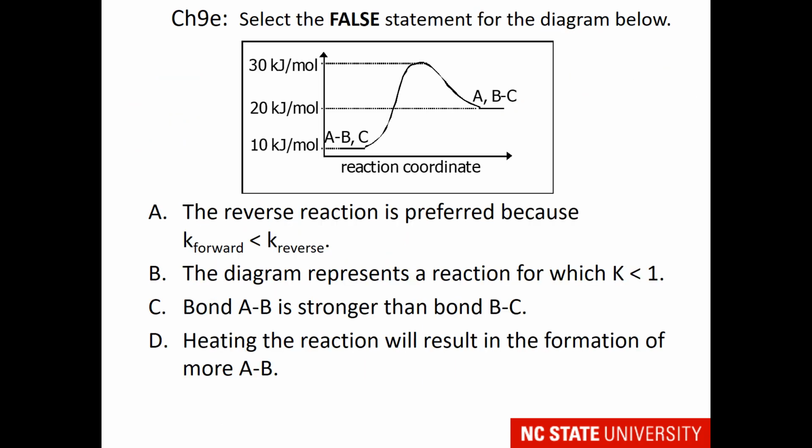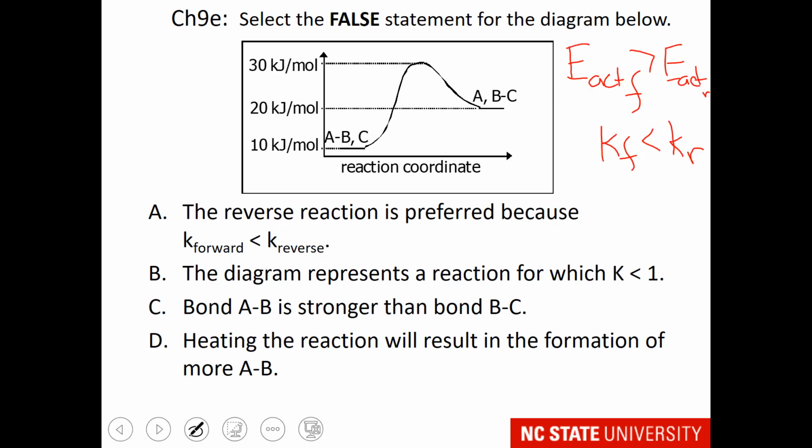Yes, the interpreting the reaction coordinate diagram question. Remember that when the energy of activation forward is greater than the energy of activation reverse, the rate constant forward is less than the rate constant reverse. These are opposites. In thinking about K, you can think about this as an old-timey balance.